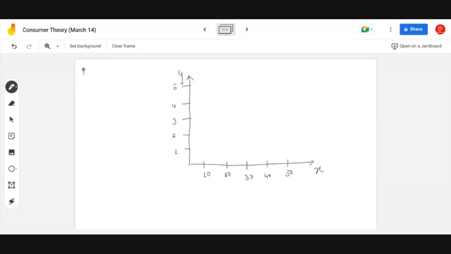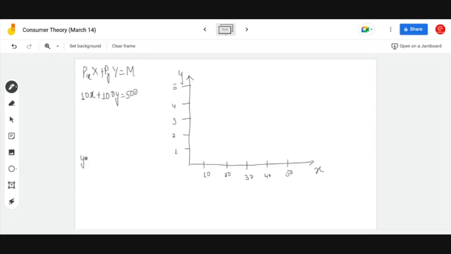Our budget line is Px into X plus Py into Y is equal to M, and taking all the values, we can write 10X plus 100Y is equal to 500.